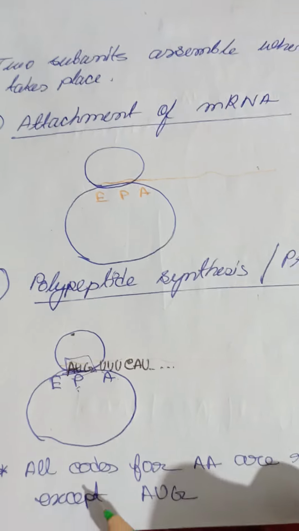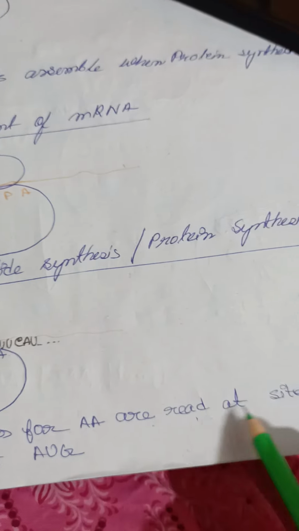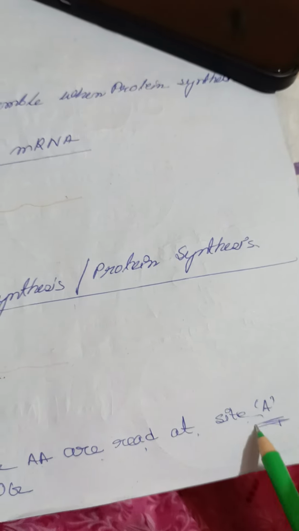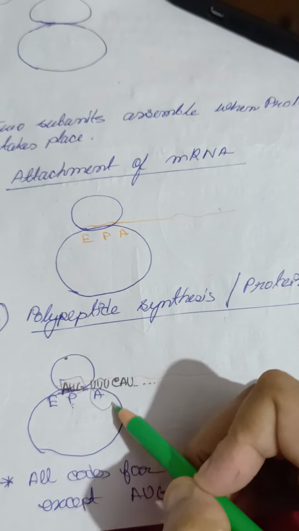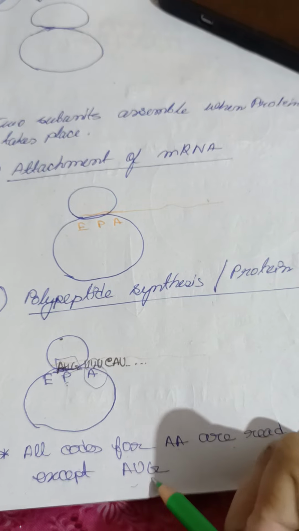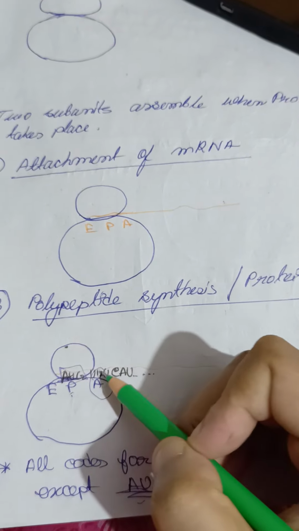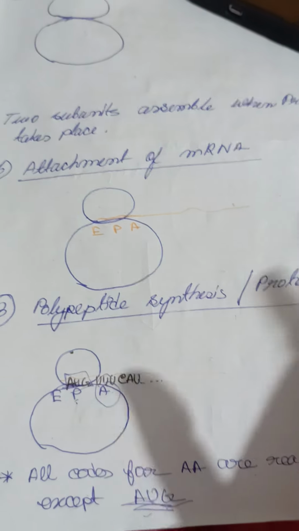Now all codons for amino acids are read at the site A, except AUG, because we know this is the start codon. In the site A, all the codons will be read one by one. We will see the process now.